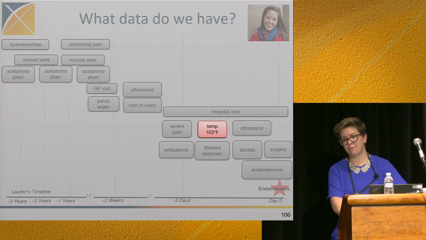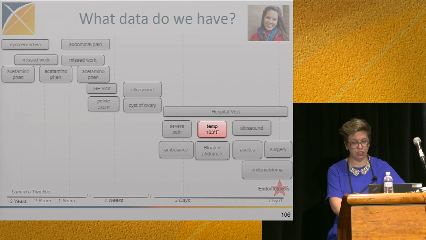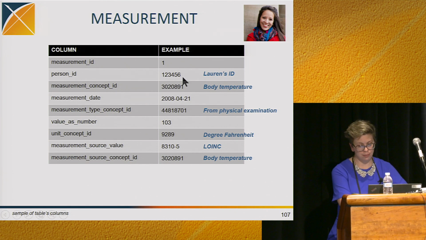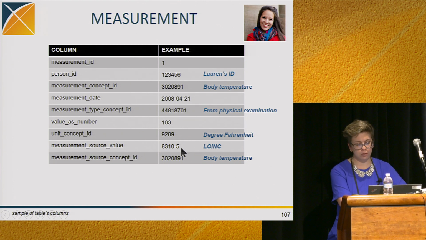Oh, I only had one example for Lauren. She mentioned she had a high temperature, so we can imagine that she had a temperature of 103 in the hospital and some physician or nurse made a record of that during her visit. So we can store this in the measurement table. We could say it got coded with a LOINC code, that there was a test looking at body temperature.